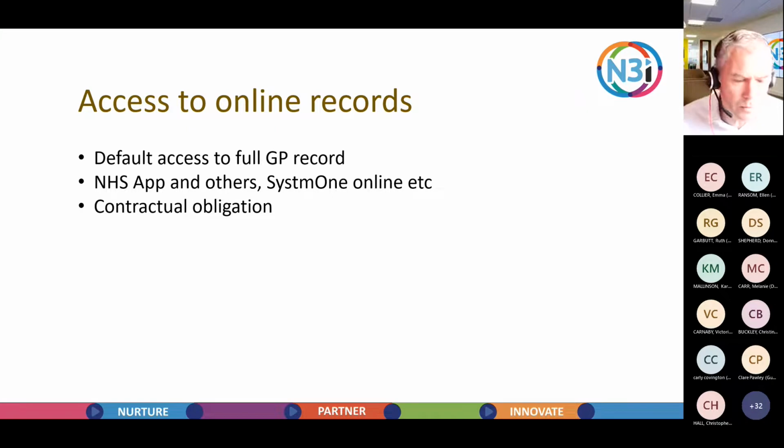It's been an obligation for a while, and I think they've done it this way so you can't switch it off. It's going to be default access. System suppliers are going to tweak their systems, and then it'll just happen. It's a contractual obligation. In respect of that, there's one thing I would say, and we'll talk in a little bit about redacting information and so on.